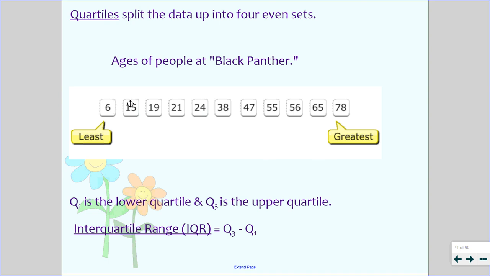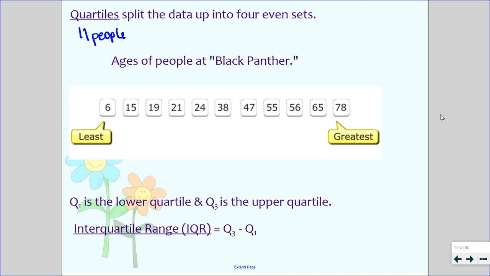So I have 1, 2, 3, 4, 5, 6, 7, 8, 9, 10, 11 people that I spoke with. So since I have an odd number of people that I spoke with, my middle is going to be an actual number. So I have 11 people.